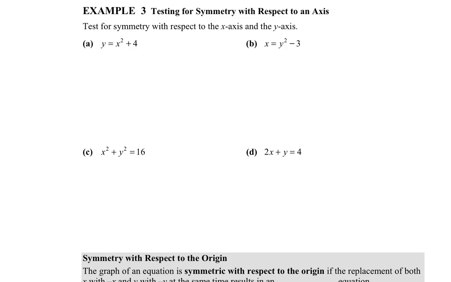It says to test for symmetry with respect to the x and the y-axis. So let's go up here and replace our x with a negative x. So we get y equals negative x squared plus 4. Well, a negative x squared means negative x times negative x, which is positive x squared, plus 4. Since these two are equal, then we have y-axis symmetry.